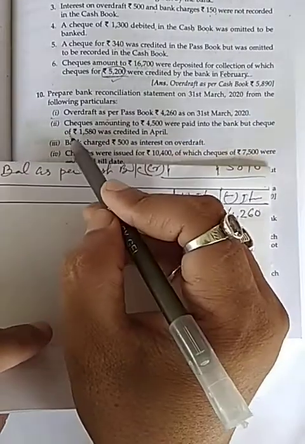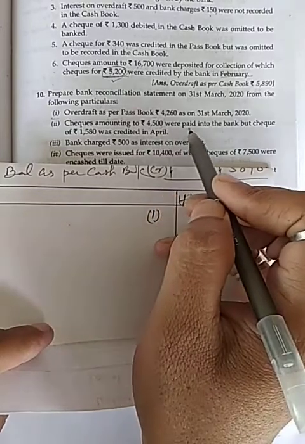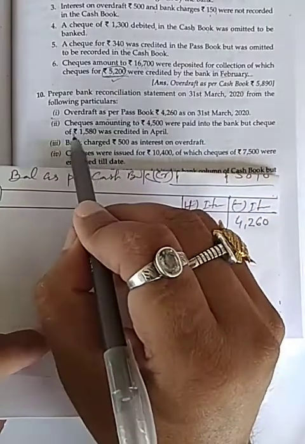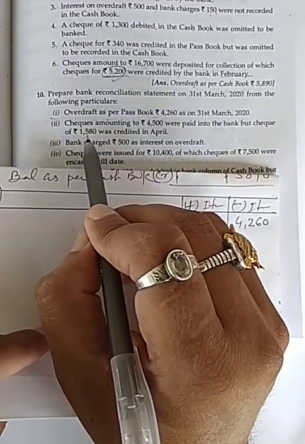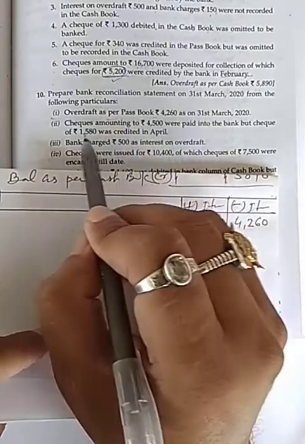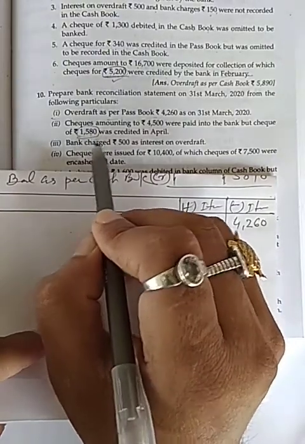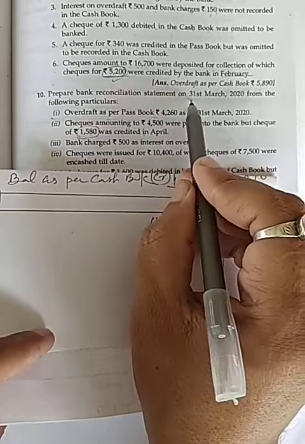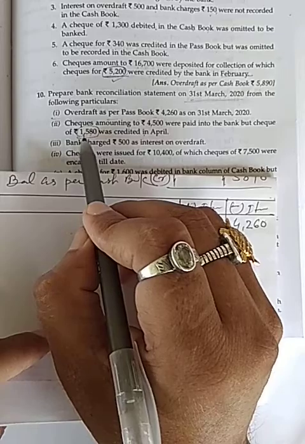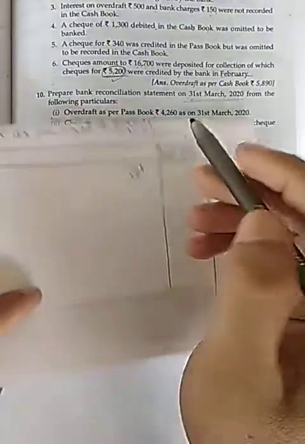Now check amounting to 4500 were paid into bank, but check of 1580 was credited in April. So only 1580 was not credited up to 31st March. So we will write only 1580.